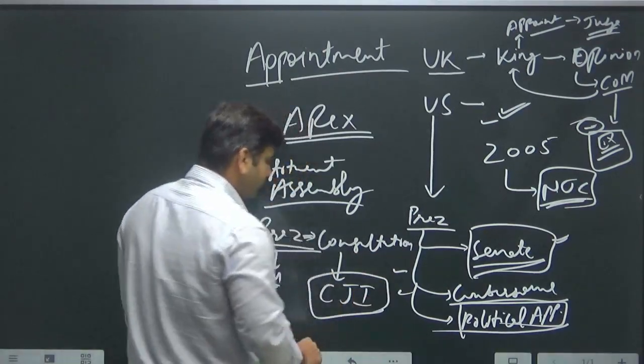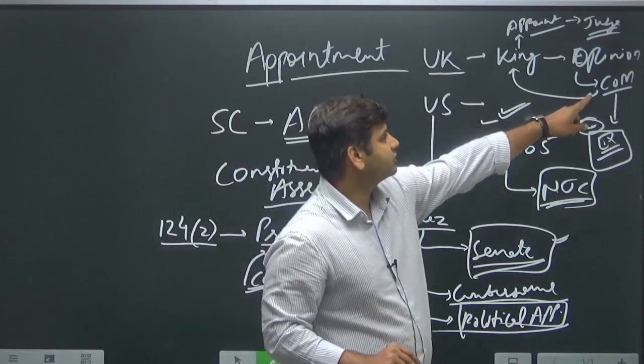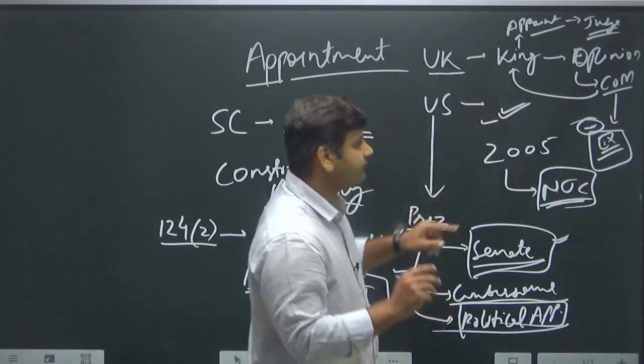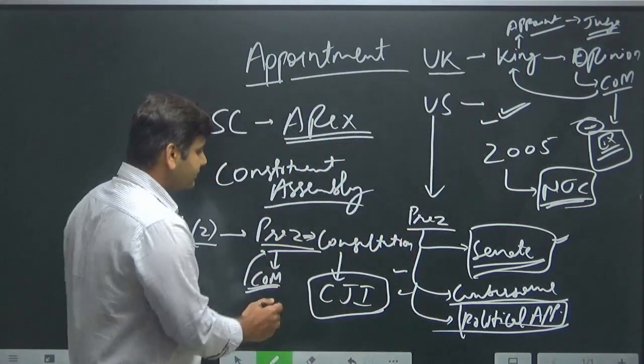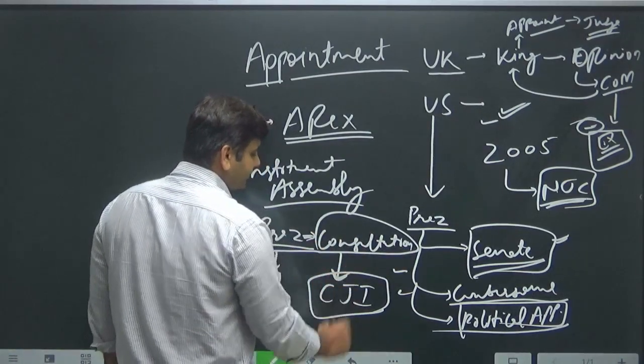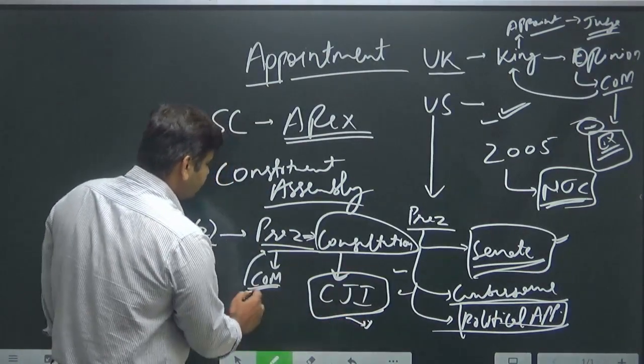So, in the United Kingdom model, the Council of Ministers was sending its opinion to the king and the king was appointing the judge. In India one more category is added, that is the consultation with the Chief Justice of India. This is the part of judiciary, this is the part of executive.